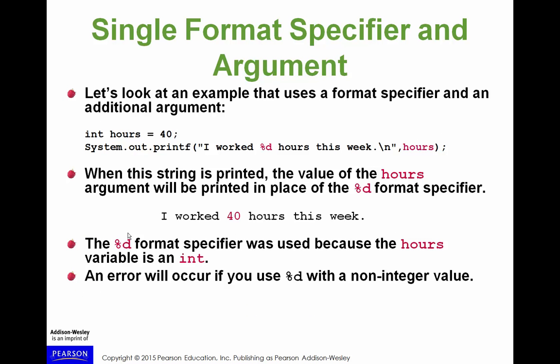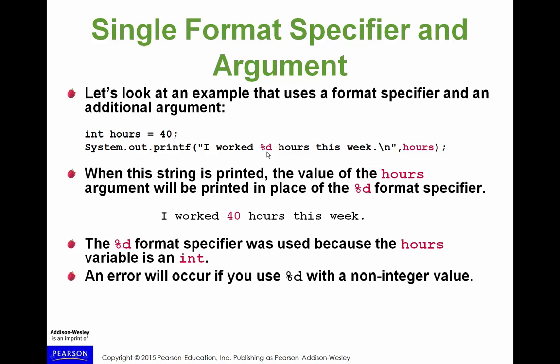However, in a more complex case, you actually have numbers or values that you want to place inside of the format string. So, for example, we have an int here, hours, whose value is 40, and in this System.out.printf statement, our format string tells us I worked %d hours this week, and then there's a newline. Okay, and then our argument list is just the variable containing the value of hours here.